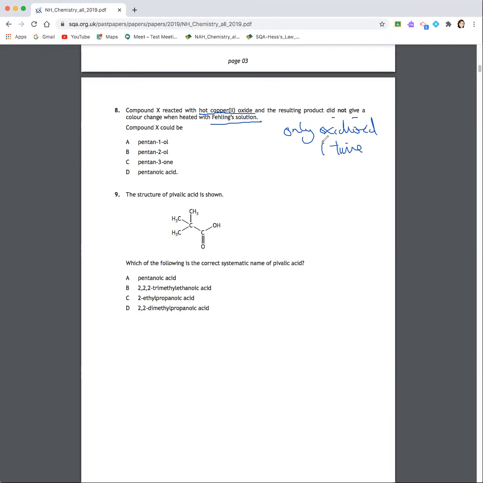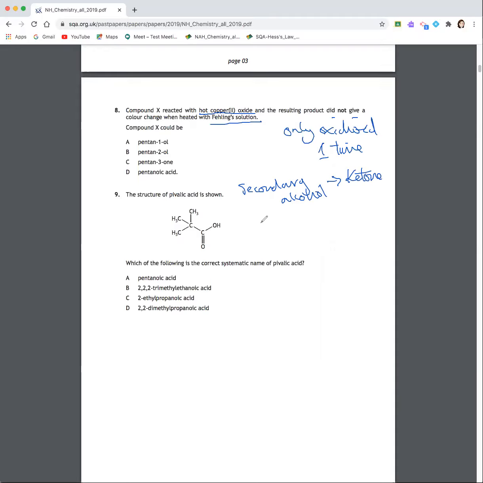One time. Okay, so the type of substance that can only be oxidized once would be a secondary alcohol. So that goes from a secondary alcohol to a ketone, and then remember you can't oxidize a ketone any further.